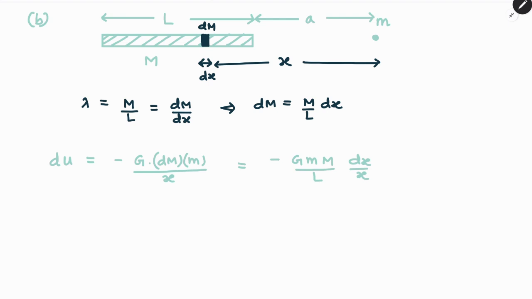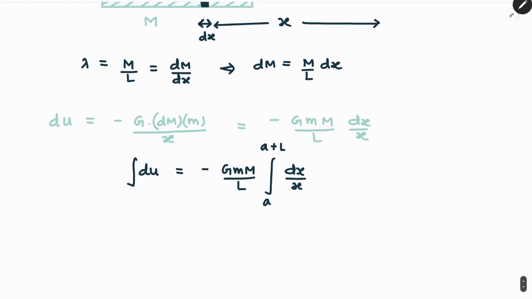So when we integrate this expression, we get U is equal to minus G small m capital M by L integration of dx by x, and the limit of integration is from a to a plus L. So over here, if we solve this part, we get the potential energy due to interaction is equal to minus G m M by L ln of (a plus L) by a.